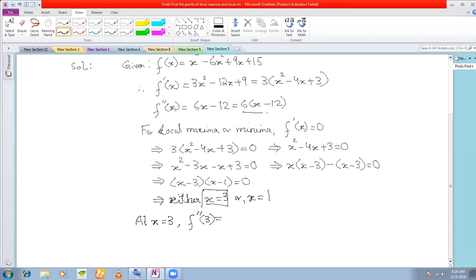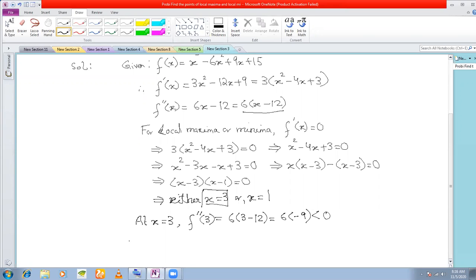What is the expression here? 6 times x minus 12. So 6 times 3 minus 12, which is 6 into 6. Positive or negative? Is this positive or negative? Positive. We don't need to find the value. We simply need to see the sign.